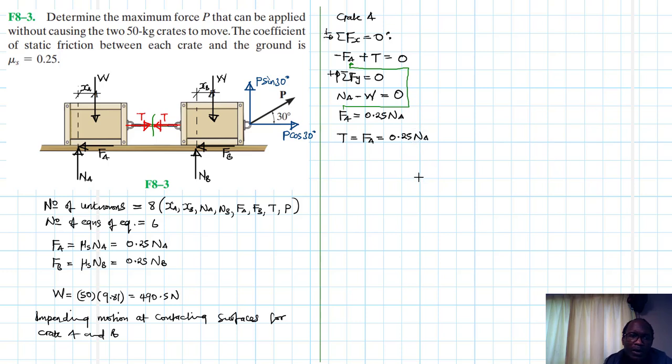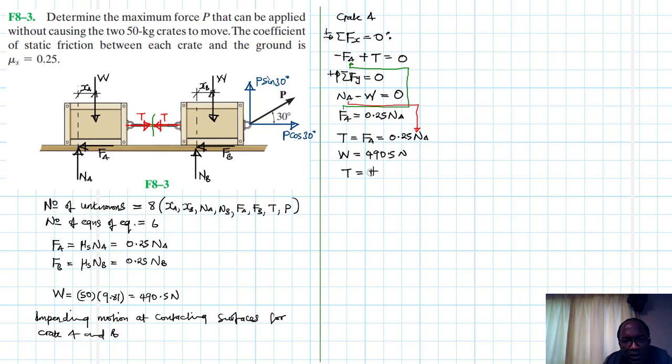Okay, and then we also know what Na is. We feed this Na here. W already calculated, we said our W is equal to 490.5 newtons. Therefore our T is just going to be equal to 0.25 by 490.5, right?